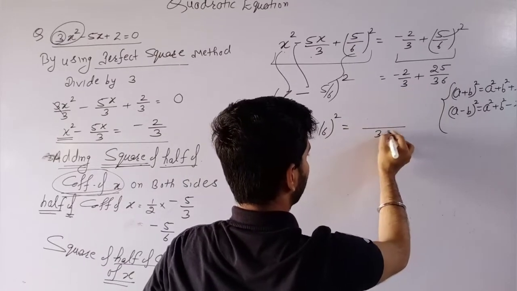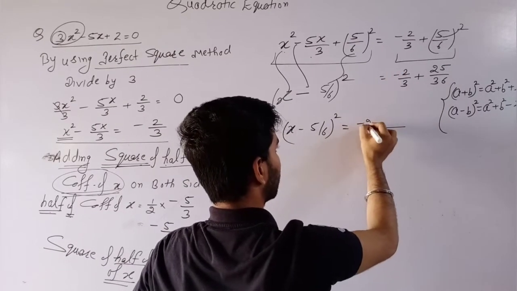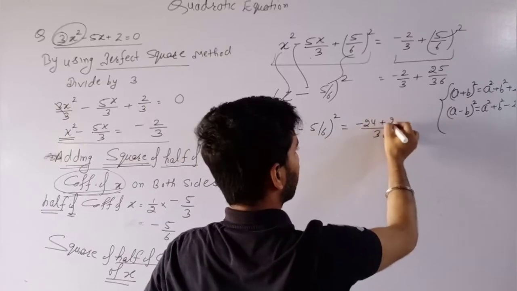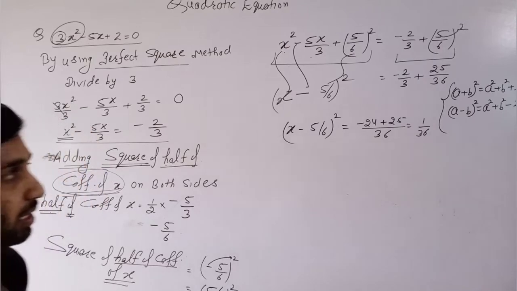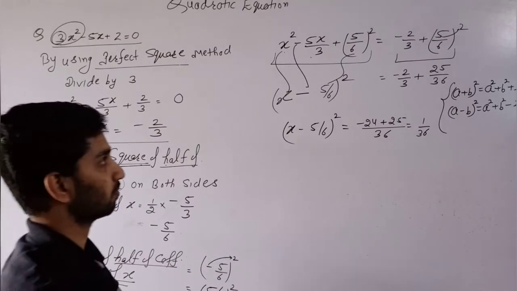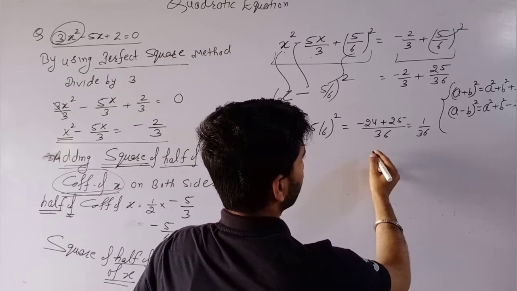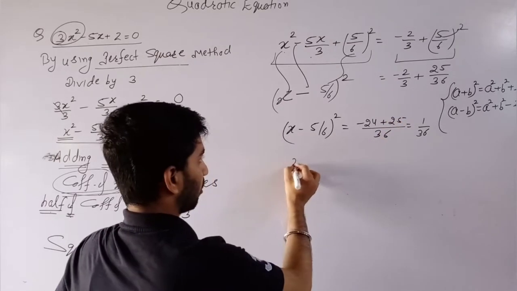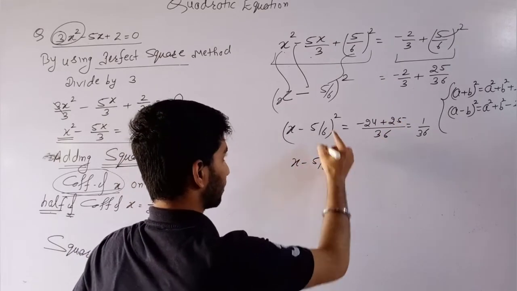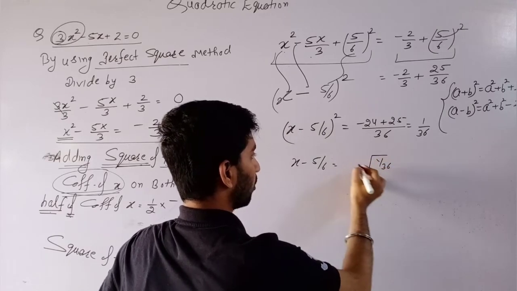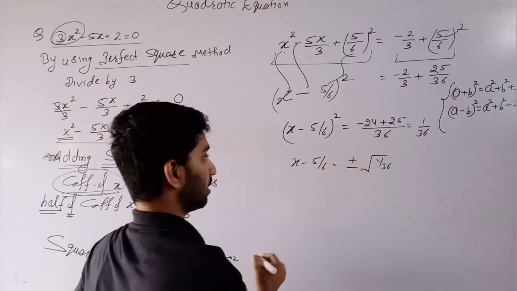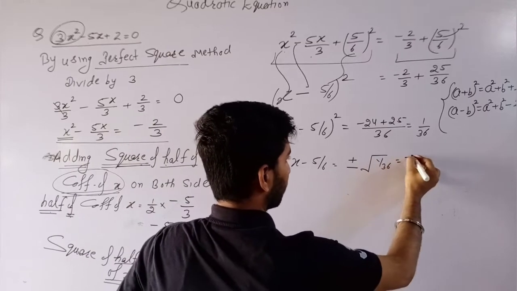By taking the LCM, 36 minus 24 plus 25, we get 1 by 36. So x minus 5 by 6 whole square is 1 by 36. By transporting the square we take the root, and we know that roots are positive and negative, plus minus.